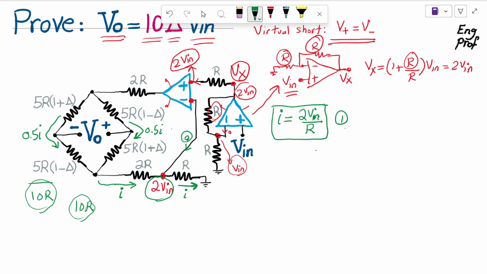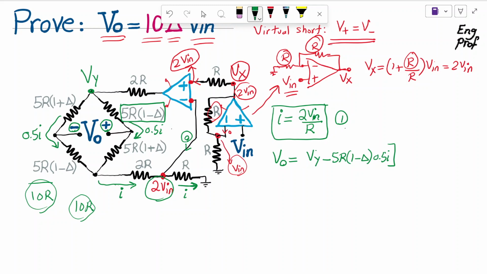Great. If I name the voltage here Vy, then I can compute Vout given the polarity defined for Vout. I'm just going to compute it in one shot. Vout is equal to Vy, and then to get to the positive terminal of Vout, I have to subtract the voltage drop across this resistor. How much is the voltage drop? It is 5R times 1 minus delta, times 0.5I, the current going through it.